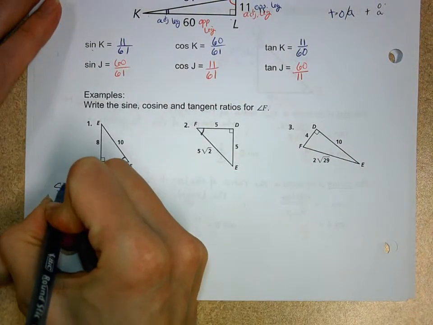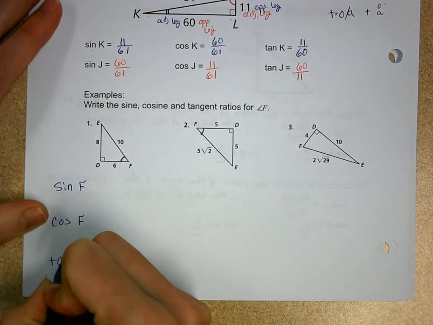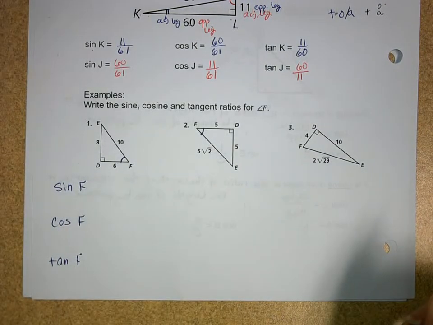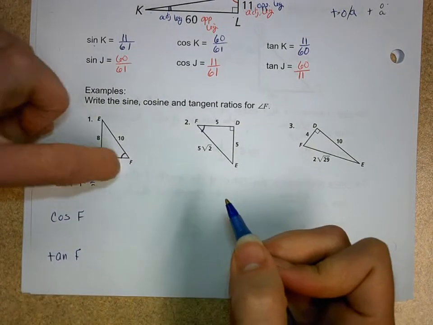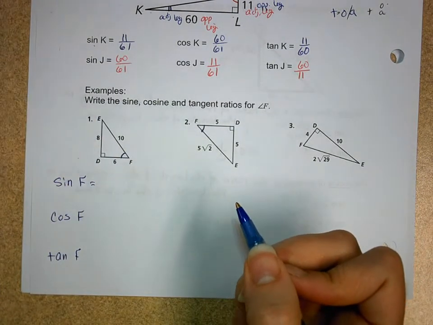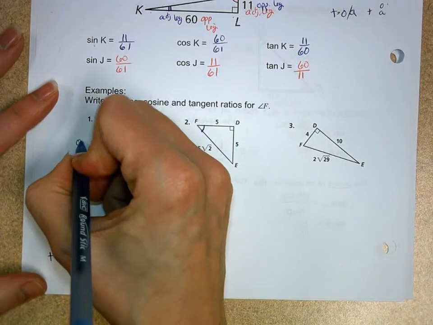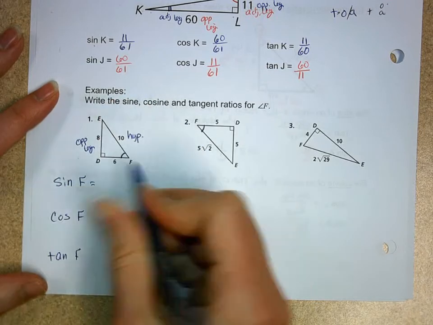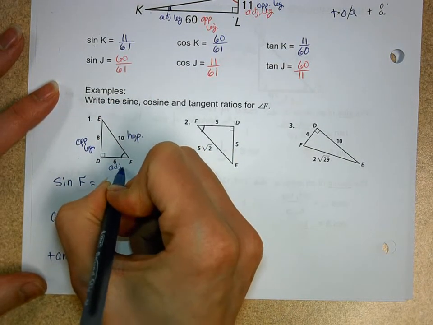Now I want to get the sine of angle F, the cosine of angle F, and the tangent of angle F. Don't say sin, cos, tan. That's not what they mean. Say the actual names. Now with that, that means I need to know opposite leg, adjacent leg, and hypotenuse. Well, hypotenuse is easiest. We have our opposite leg, which doesn't make the angle, and then we have the leg that helps make our angle, and that's your adjacent leg.